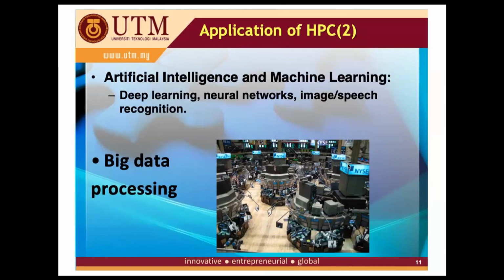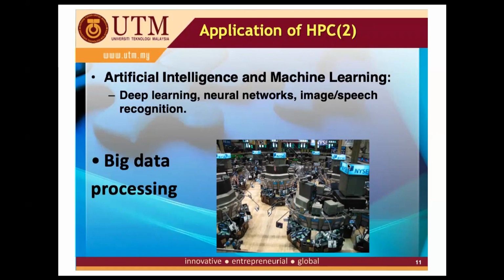And then for artificial intelligence, the current trend right now is intelligence, and also most of it is related to machine learning. It's quite famous. We are using machine learning and also improving that. Okay, it's not just machine learning and artificial intelligence, but in HPC also we combine all this, how we can improve.